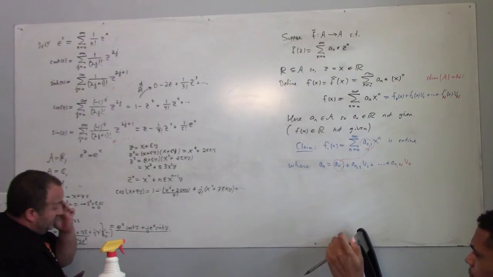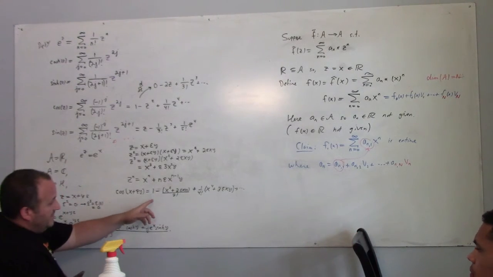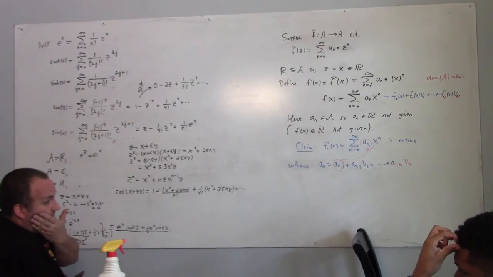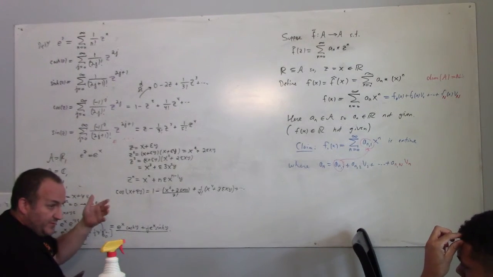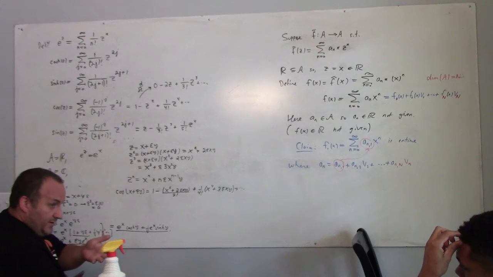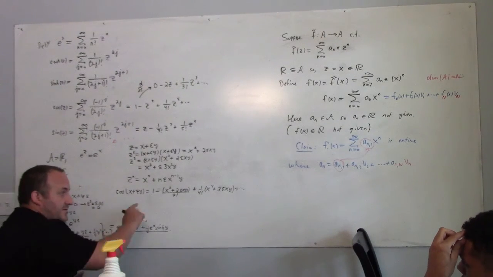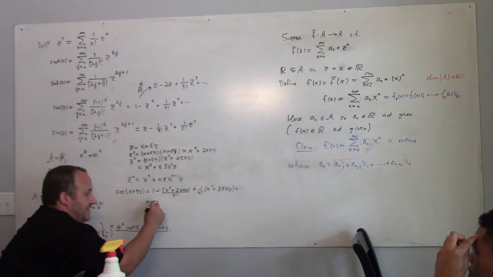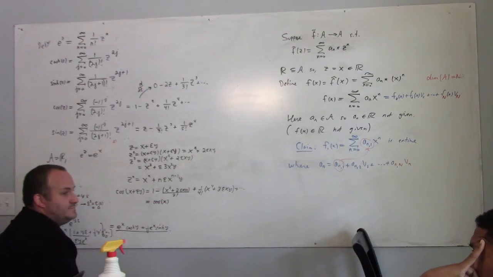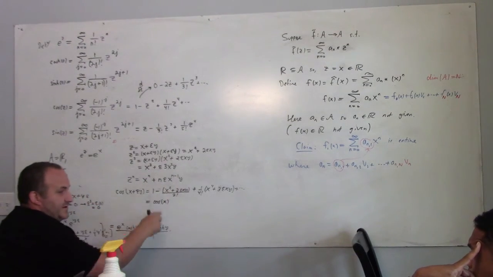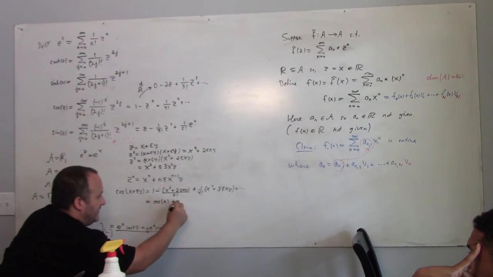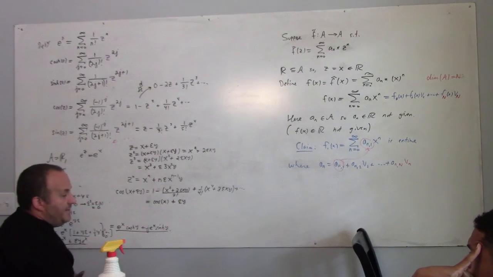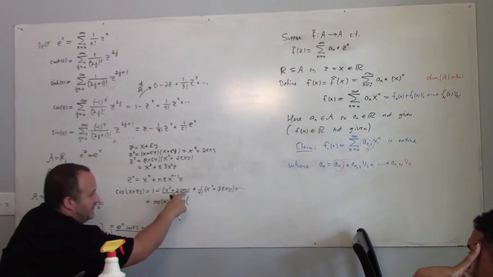Well, what I'm saying is, what happens here, if you collect the x's, what do you got? Like, what's 1 minus x squared over 2 plus x to the 4th over 4 factorial and so forth? Well, that's the ordinary cosine. So the real part of this is just straight up cosine of x. And then you've got these epsilon terms, and there's always a y, so we can factor out epsilon y. And what are you left with?